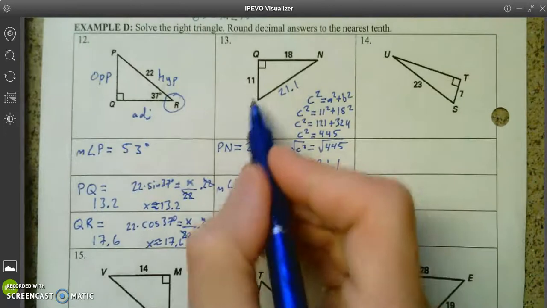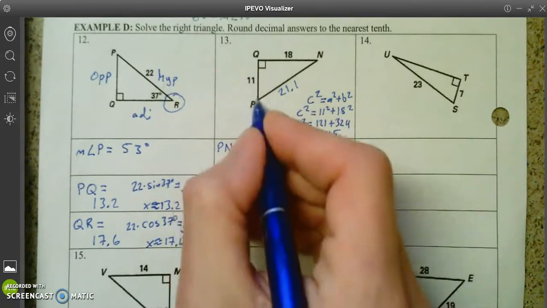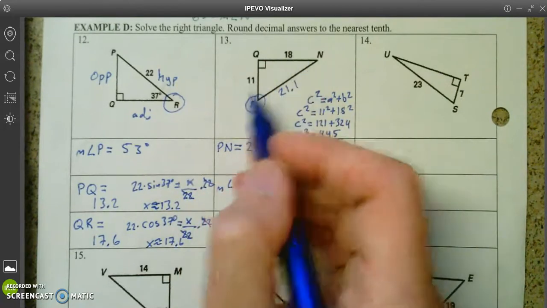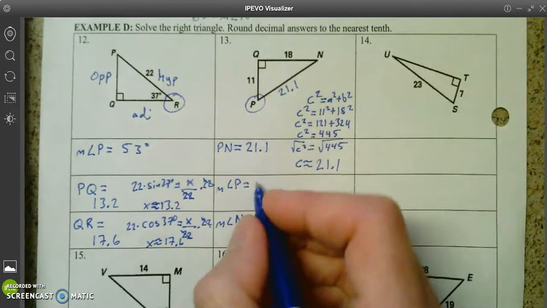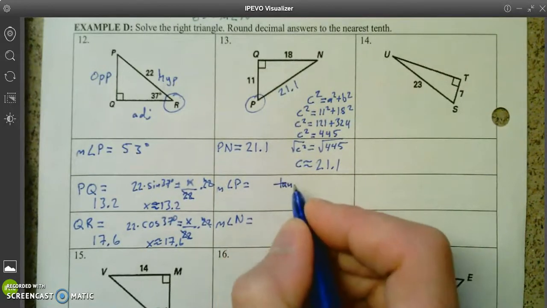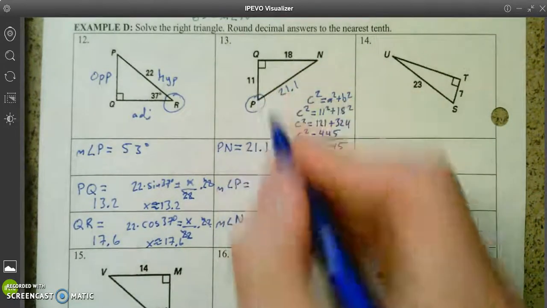So to find the measure of angle P, I'm looking at the values that I have that are given. For P, I have opposite and adjacent. So that leads me to wanting to use tangent. So if I use tangent of P, that's going to be 18 over 11.